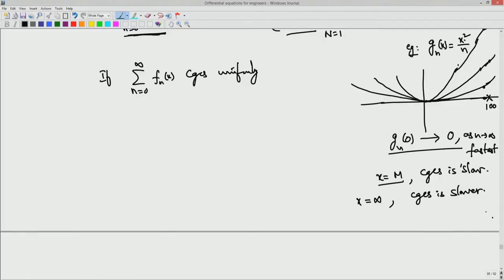So, by looking at all these speeds, the speed may be close to 0 but never be 0, because you know that for any fixed x, g_n(x) always converges to 0 as n goes to infinity. This is what is true.